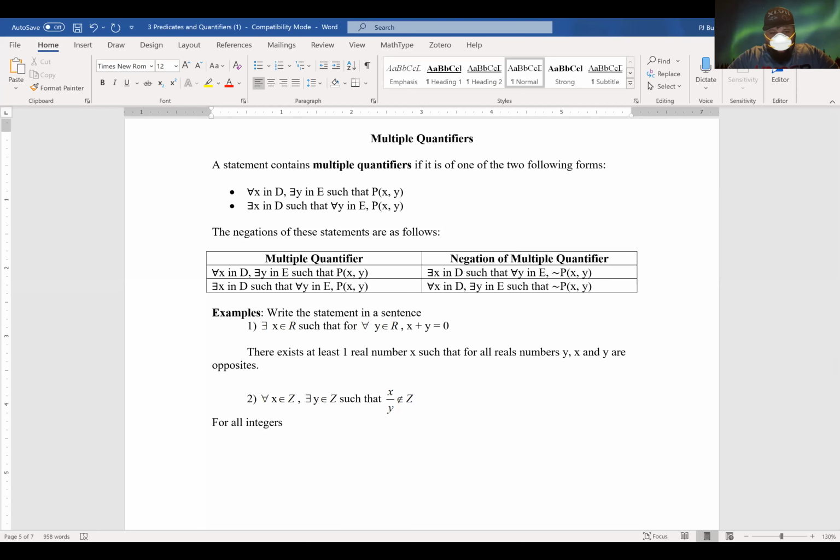So all integers x, there exists, and we'll say an integer y such that x divided by y is not an integer.